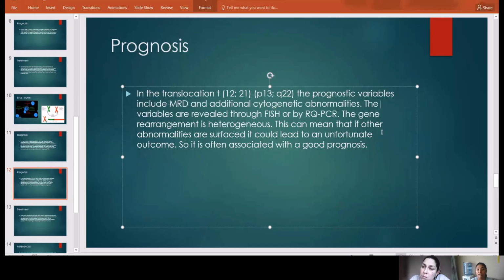Certain times it can lead to a much longer treatment, or it can lead to bad news. But in most cases, it is a fortunate outcome, and as it is associated with a good prognosis, a good diagnosis, and an overall good treatment plan.